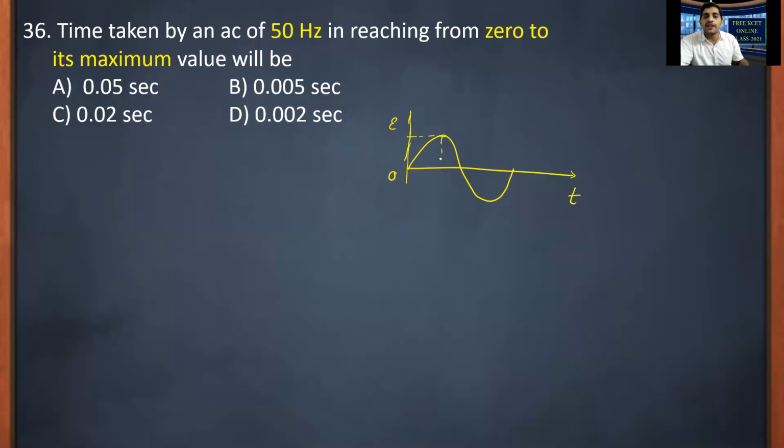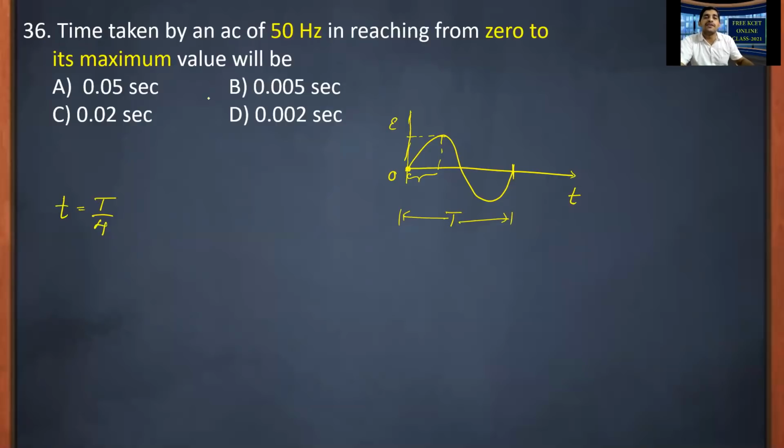We are asked to find the fraction of time in which the EMF, voltage or current reaches from 0 to a maximum. We know that the time to complete one cycle is the period, so from here to here is the period. To reach from 0 to maximum, the time will be T by 4, one fourth of the period.